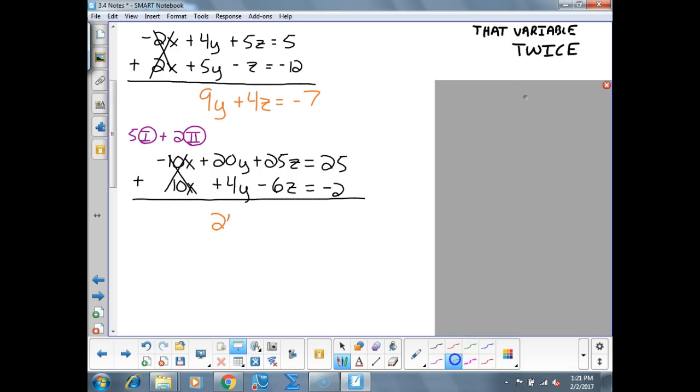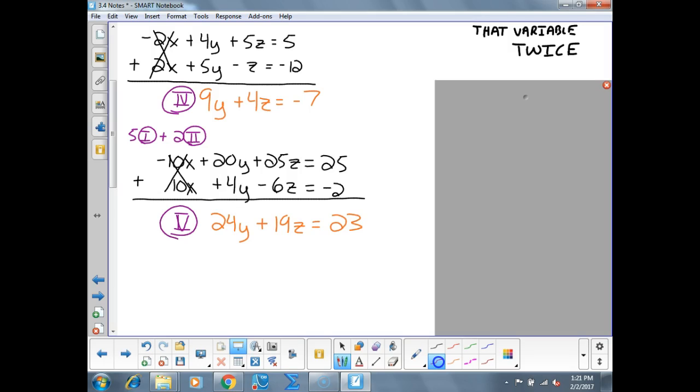That gives me 24y plus 19z equals 23. So I've eliminated x twice, which created two new equations, 4 and 5.